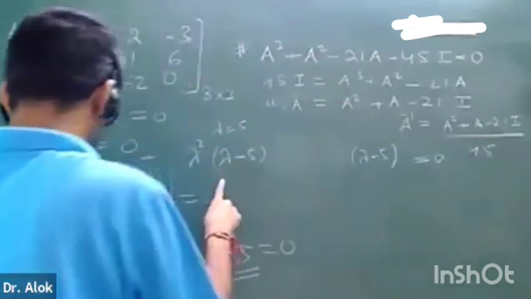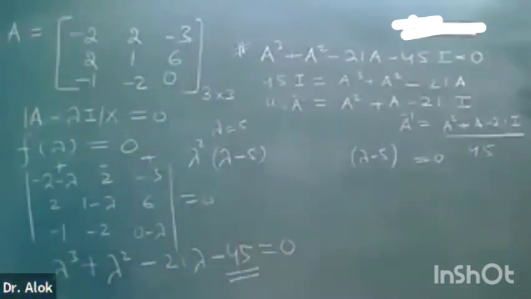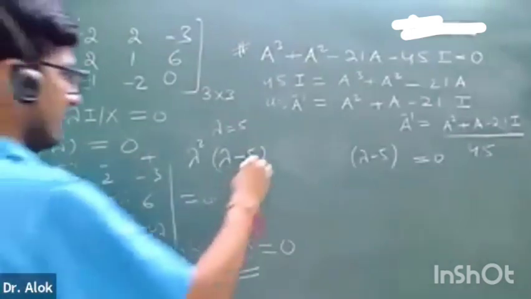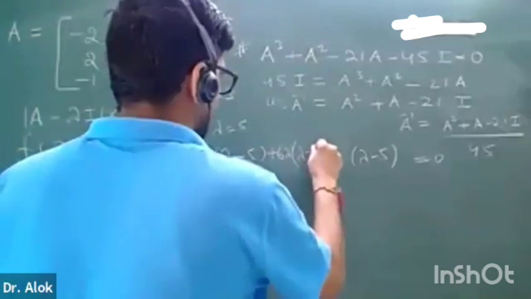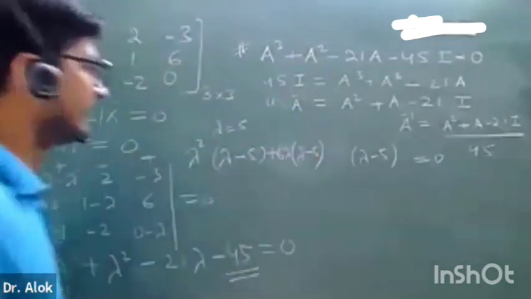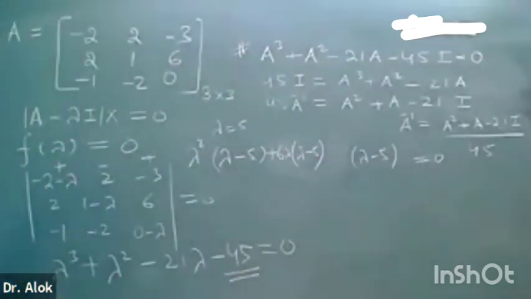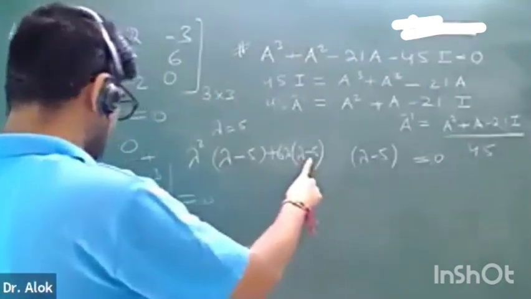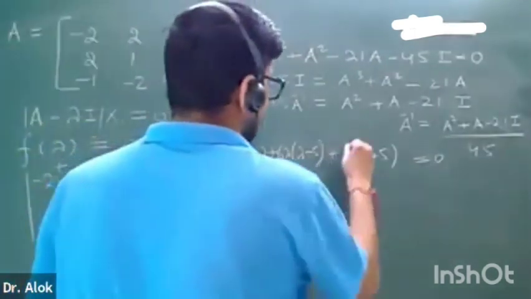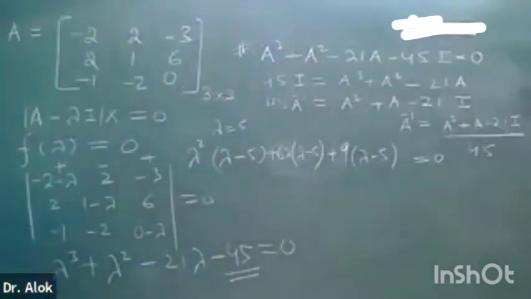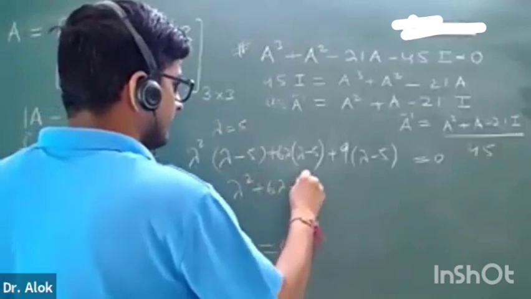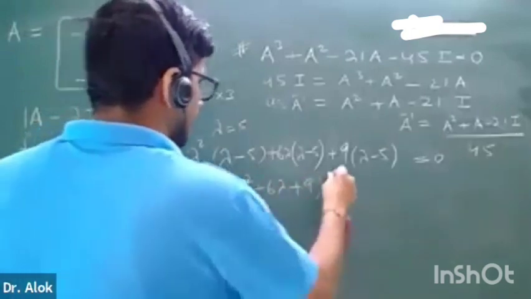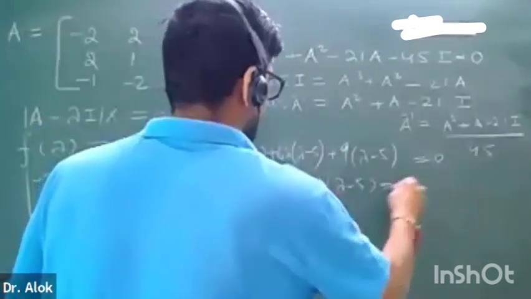So this is lambda cube and minus 5 lambda square, plus 6 lambda, lambda minus 5. This is okay. So you got 30, and 30 and 21 is 9. And this is equal to 0. So you will get lambda square plus 6 lambda plus 9, into lambda minus 5, is equal to 0.